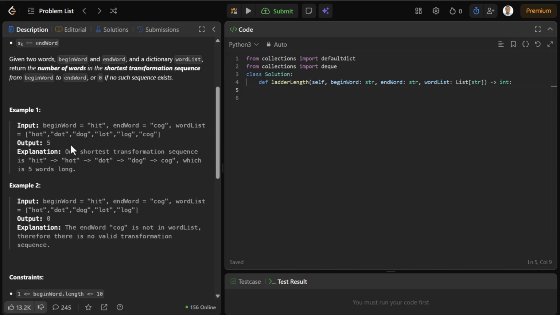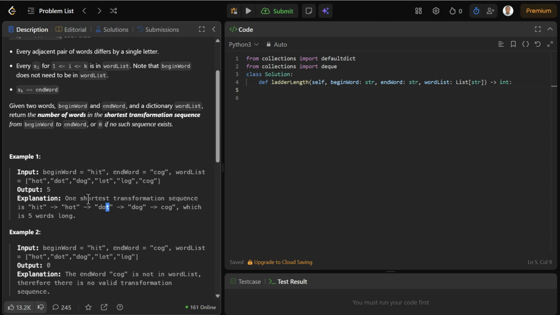If we look at this example, we are given the input, the begin word, which here is HIT, and the end word here is COG. So we want to traverse a particular path through the sequence of words. For HIT, changing the second character, we have HOT, and then changing the first character, we have DOT, and then changing the last character, we have DOG, and then changing the first character again, we have COG.